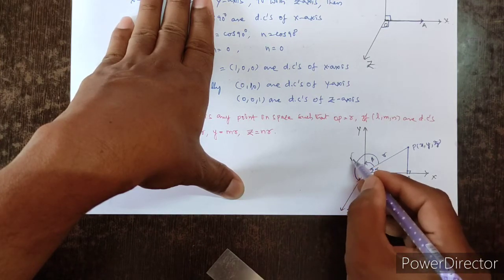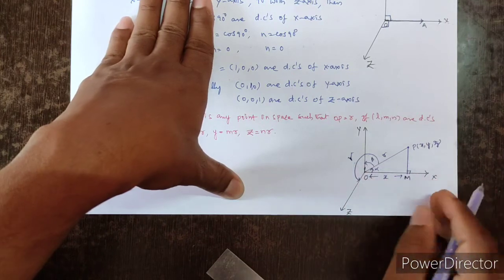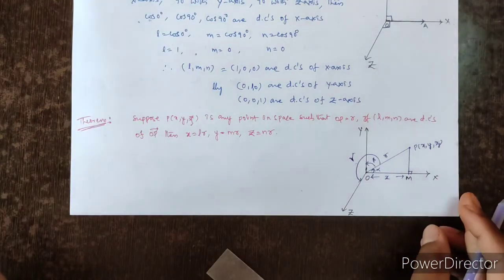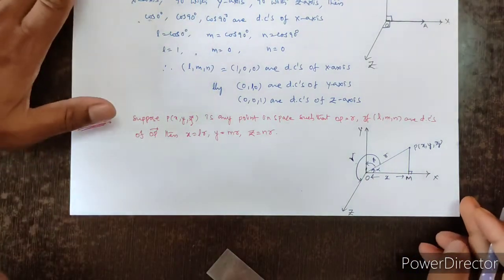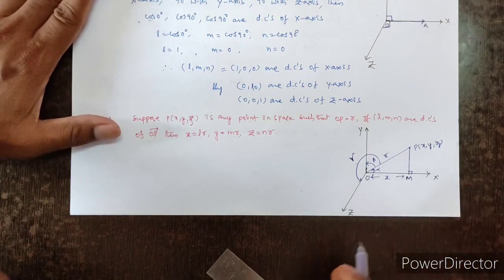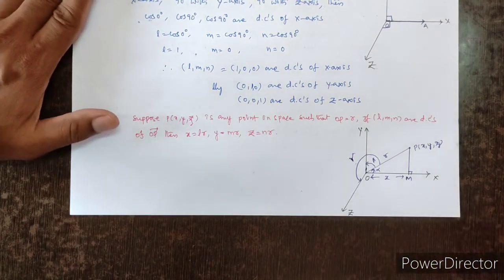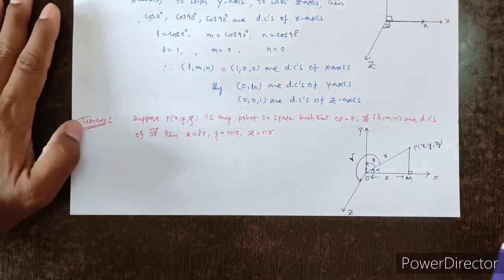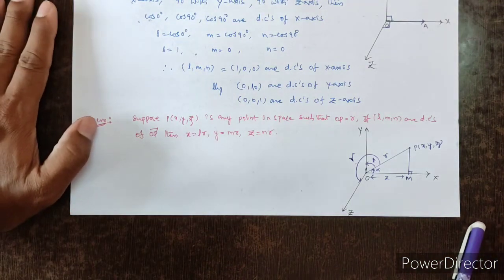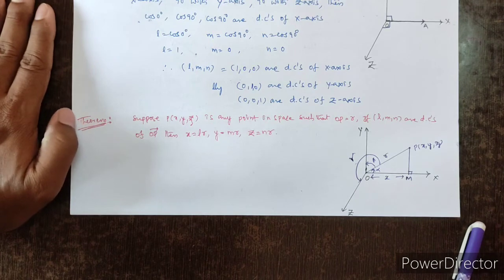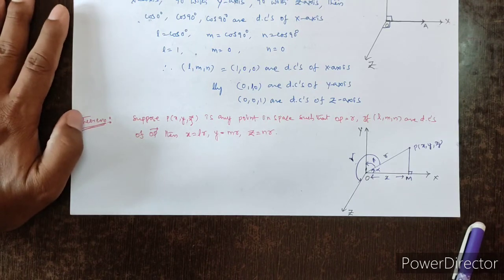So from the origin to the foot of the perpendicular the length is x. Already, since it is given, OP is r.